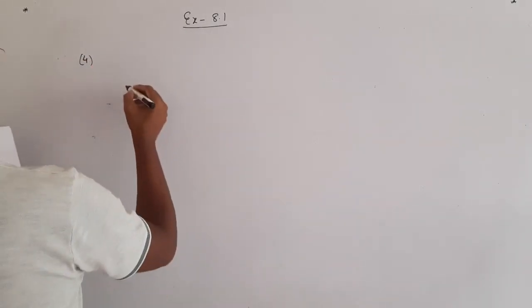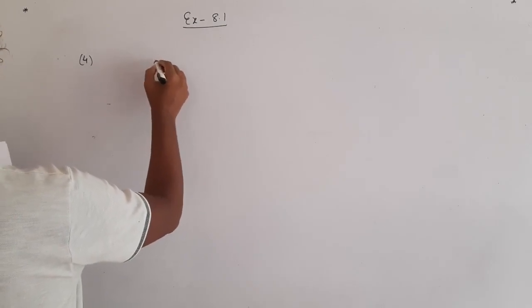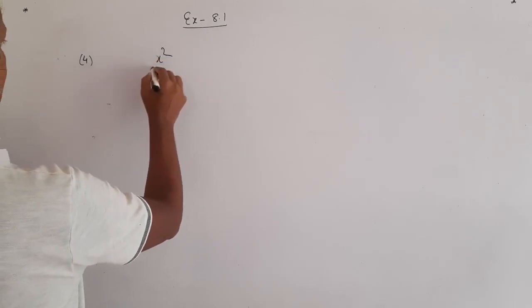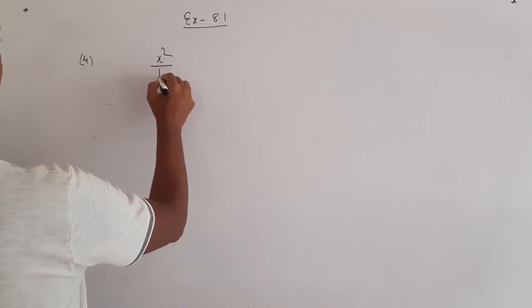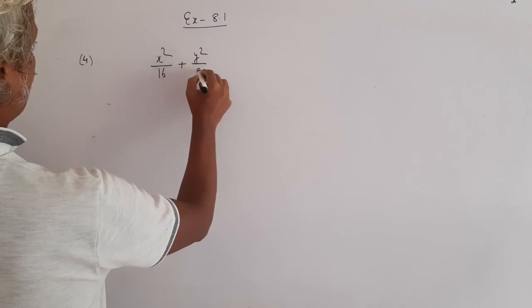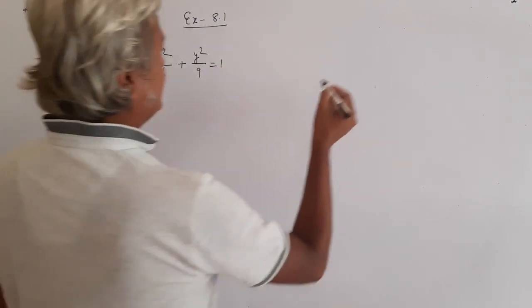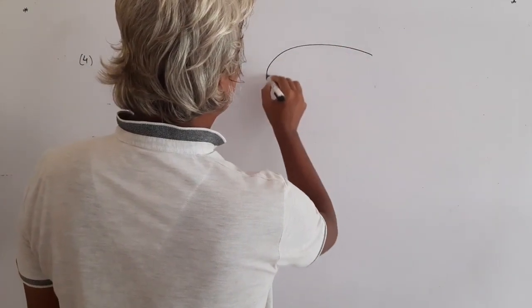Okay, so we have to find the area of the ellipse, which is given by the equation x square by 16 plus y square by 9 is 1. If you sketch the diagram for the ellipse, it goes like this.